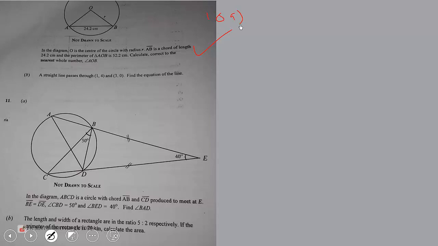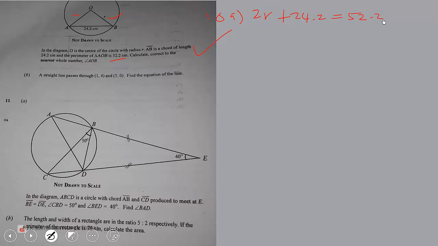So first we need to calculate the radius. We know this is the radius and this is equal to the radius as well. So 2 radii plus 24.2 centimeters is equal to the perimeter of triangle AOB, which is 52.2.